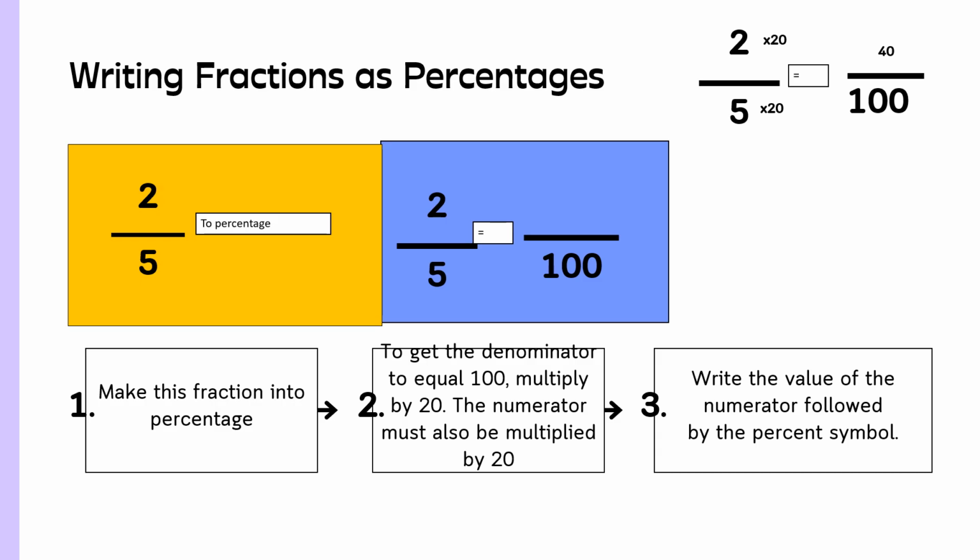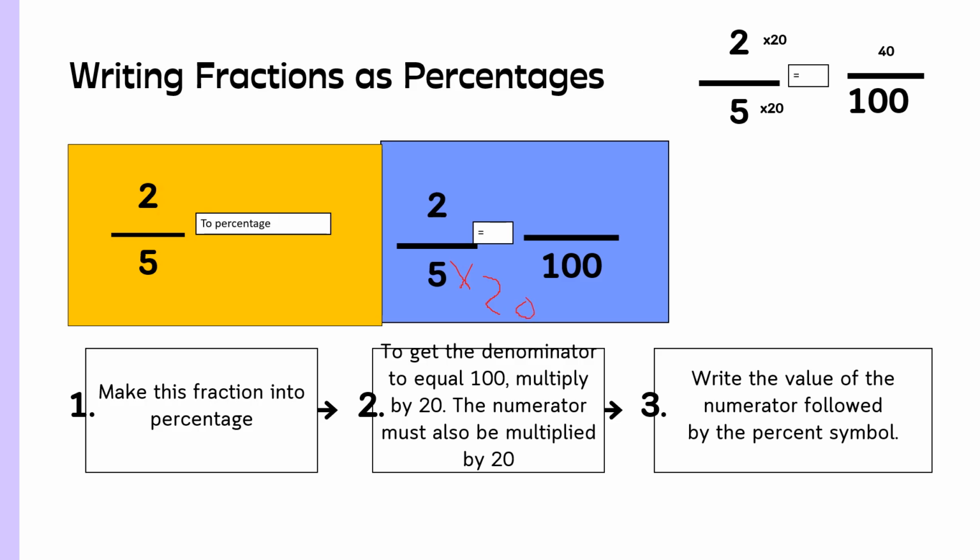So in order to get the 5 to equal 100, you've got to multiply by 20. So 5 times 20 is 100.